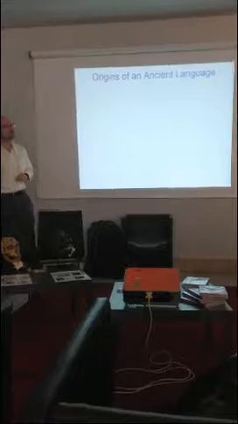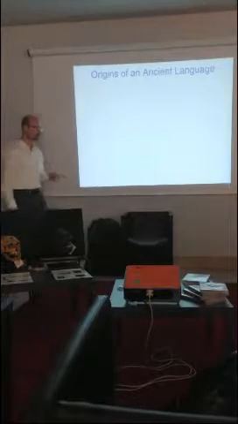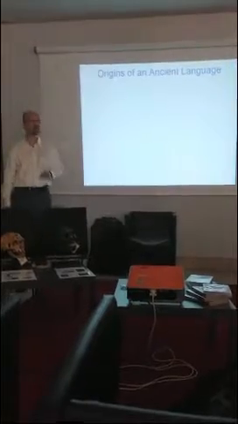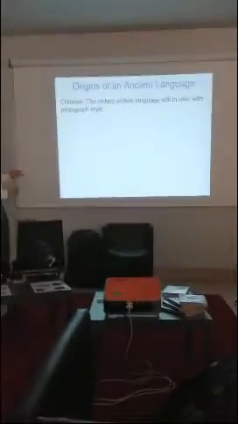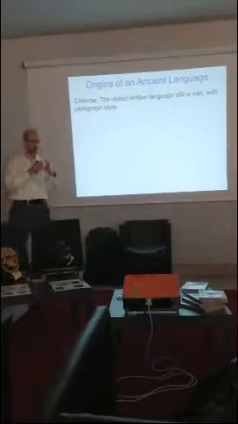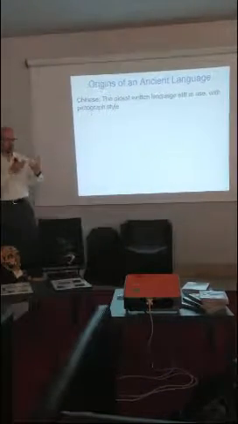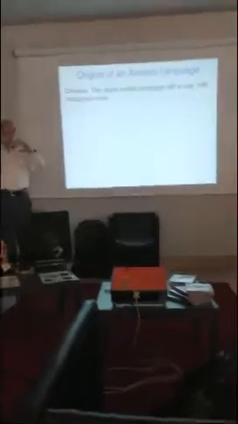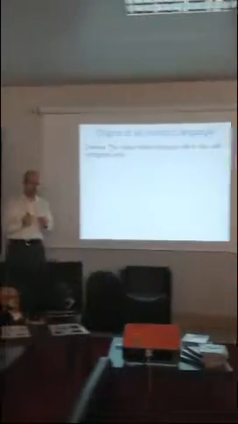Now, what is the oldest written language still in use today? This is Chinese. Chinese is a language based on a pictograph style. So in other words, the words kind of represent what the word means in a kind of picture form.